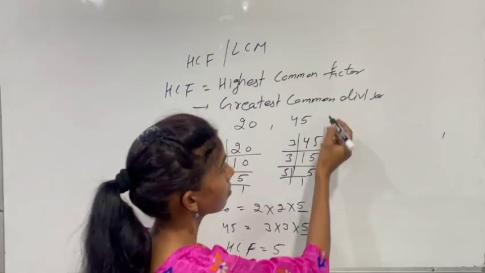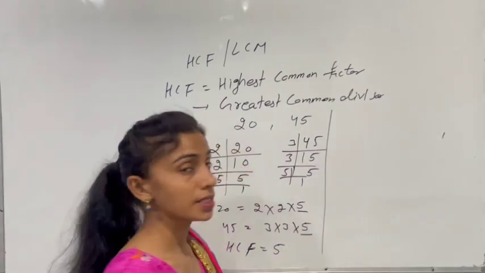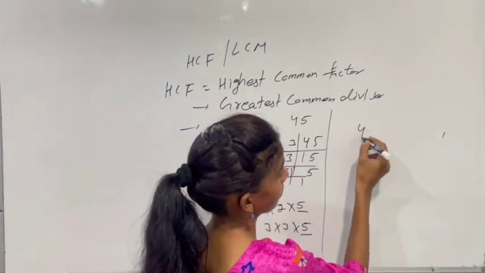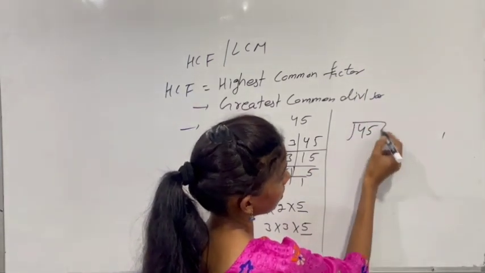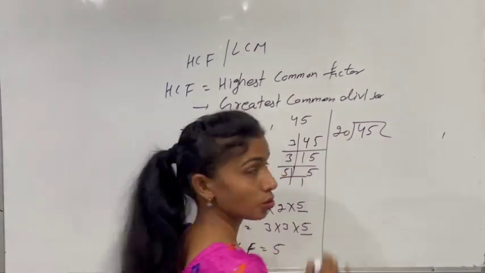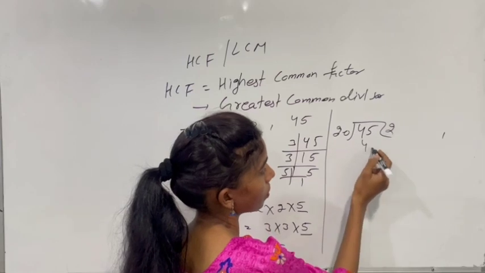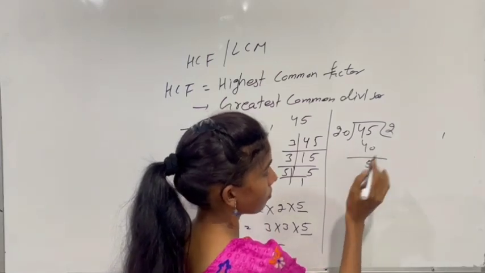Now another method to find the HCF is the division method. How can we divide? Here is 45, and we have to divide it by 20. 2 twos are 40, remainder is 5.